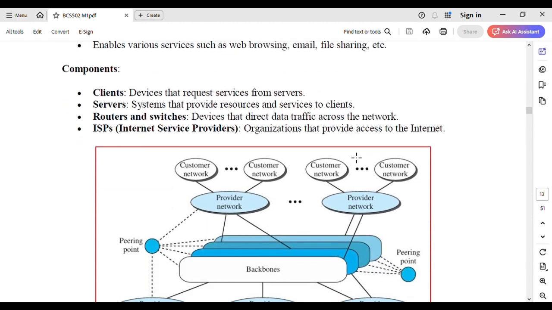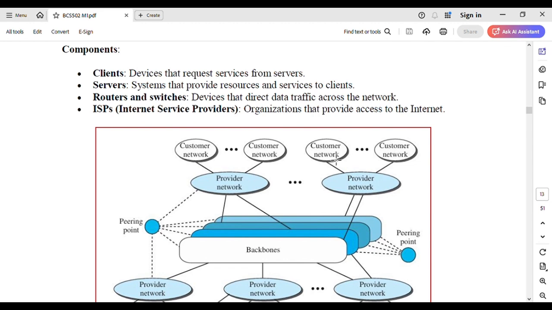And then what are the components present? Clients: devices that request services from servers, which means end users. Servers provide the services to the clients, so systems that provide resources and services to the clients.